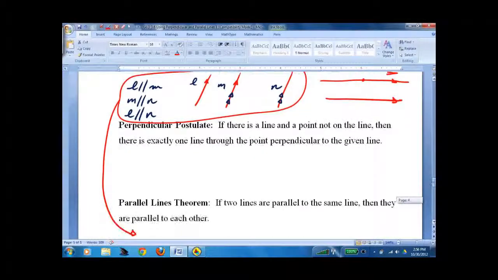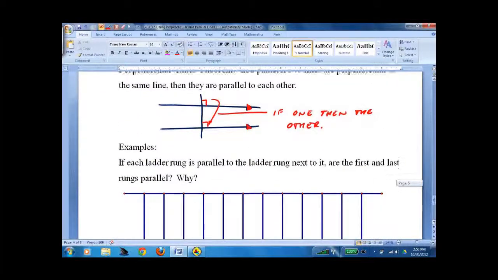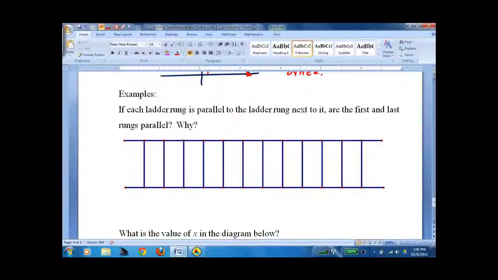And this postulate up here just says line on a point, one and only one line, that's perpendicular. Again, I call that a duh theorem, postulate. So this one's kind of silly. Like I said, it's very easy.